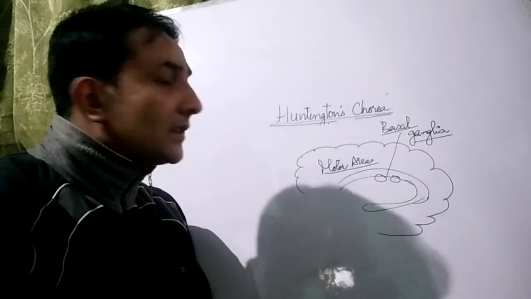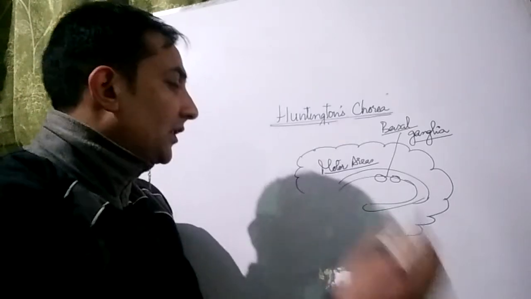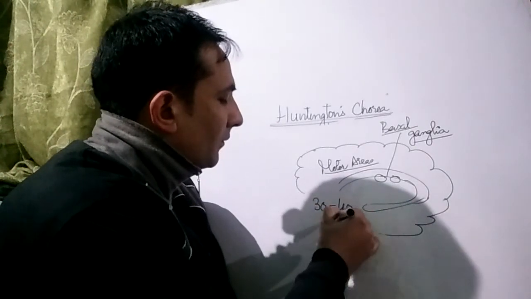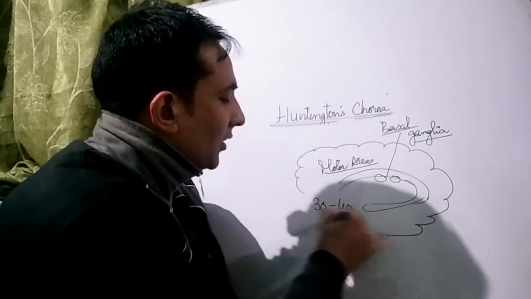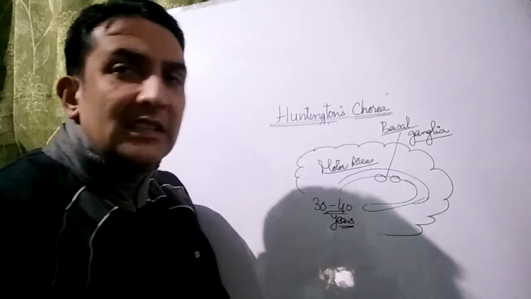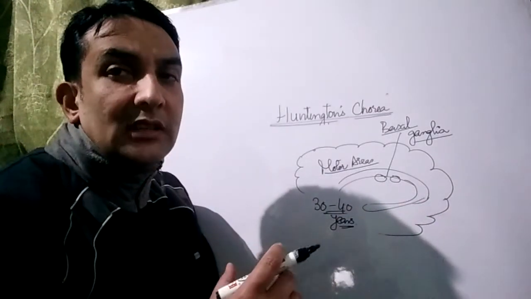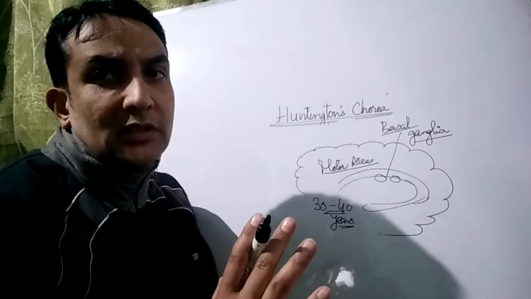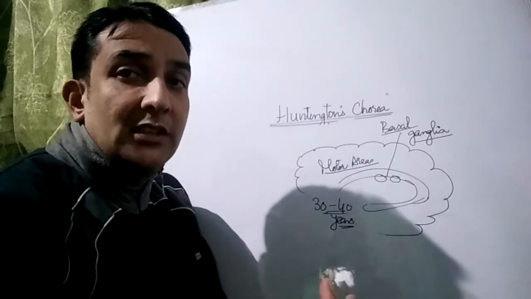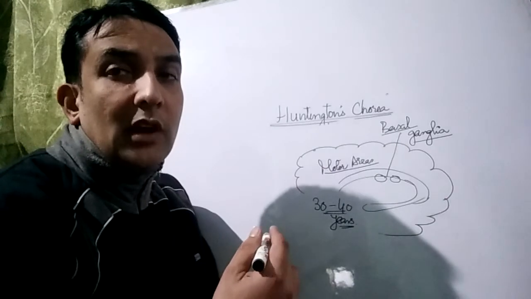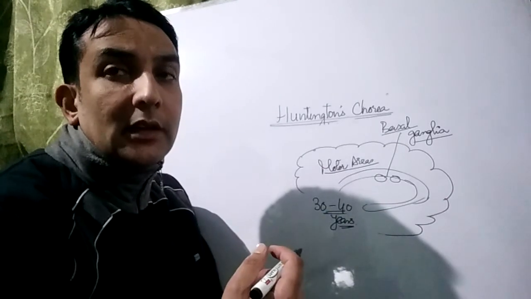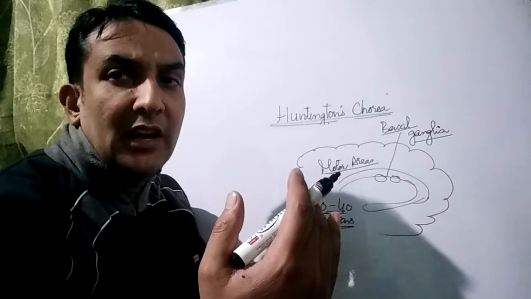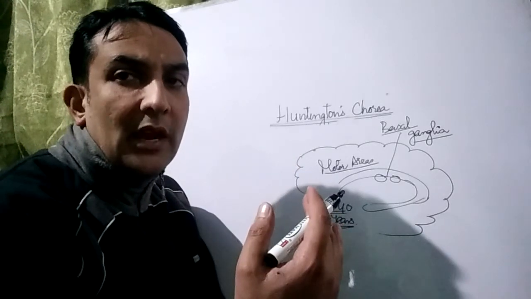Now this disease usually occurs in the age group of 30 to 40, meaning it occurs in adults. And once the disease occurs, it is very difficult to control the degeneration of the neurons. But if this disease occurs before the age of 20, which is a rare case, we call it juvenile Huntington's chorea.